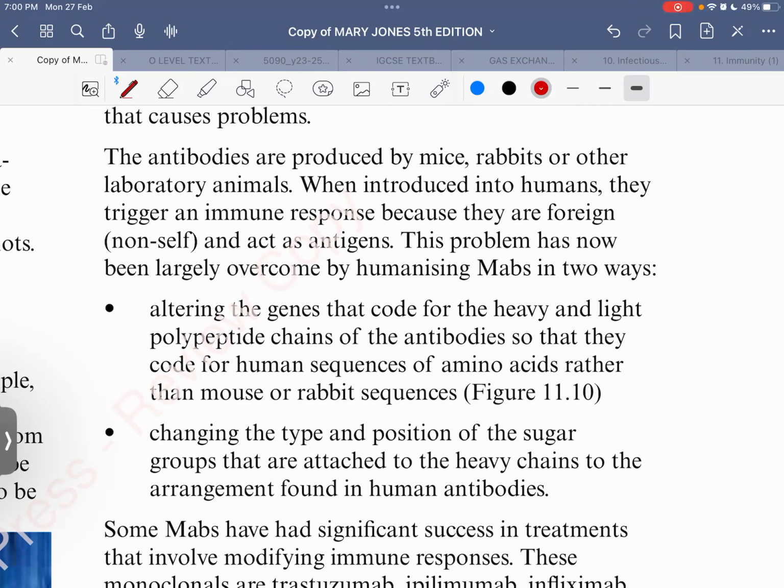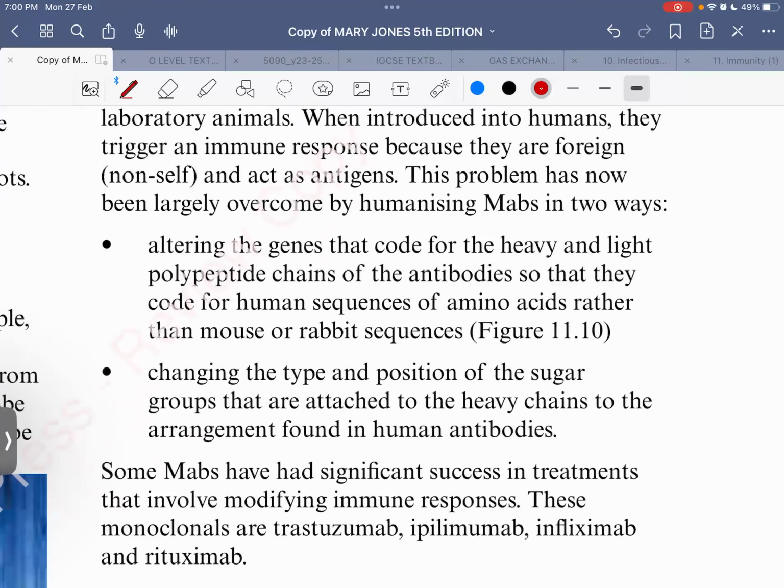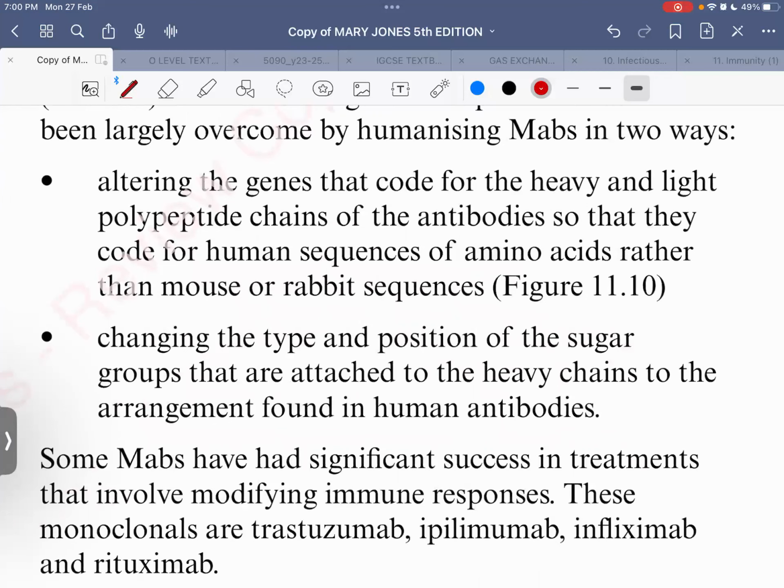So this problem has also now been overcome by humanizing MABs. इसके बारे में भी आपसे सवाल पूछा जा सकता है. Why is there a need for humanizing MABs? So you will say MABs should be humanized so as to minimize the chance of an allergic reaction developing in humans when they receive monoclonal antibodies made in the body of the mice and rabbits.